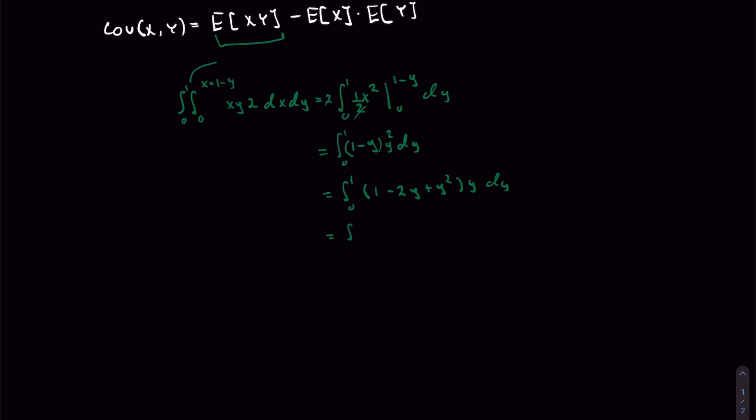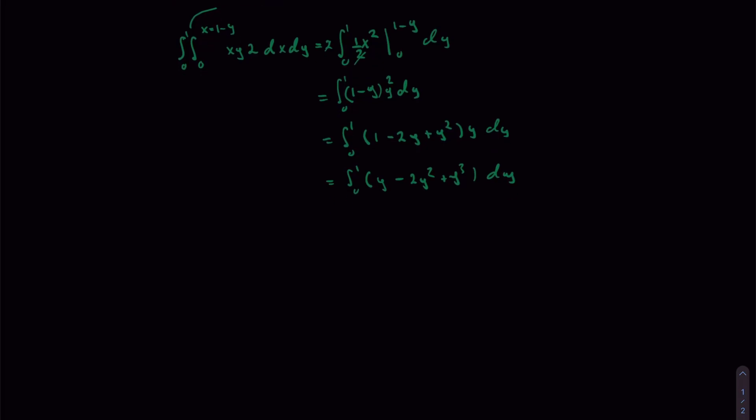We can split this up, just multiplying in all the y's: y minus 2y squared plus y cubed, dy.